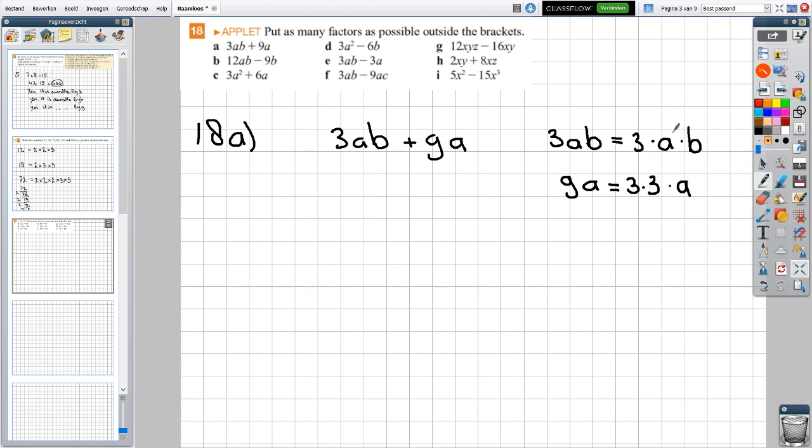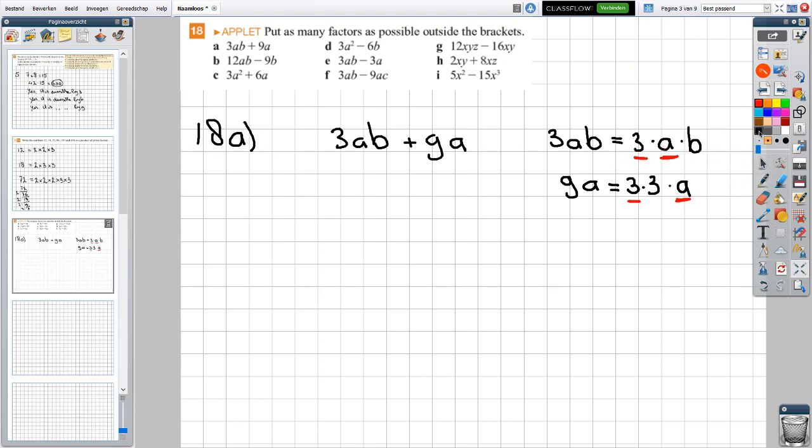And you will see that I find a 3 here and a 3 there. And I also find an a here and an a there. I don't find a b here, and I do find a 3 here, but I only have one 3 here, so I cannot do them double in this case. I can only use 3 one time. Okay, so 3a is in this case the common factor of both 3ab and 9a.